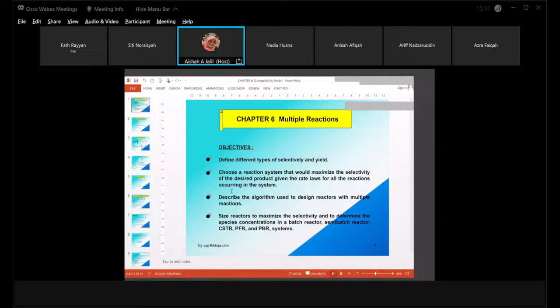You can describe the algorithm used to design reactors for multiple reactions. And as usual, you can size the reactors to maximize the selectivity and determine the species concentrations, whether in batch, semi-batch, CSTR, PFR or PBR. Here you will study a little bit about semi-batch.